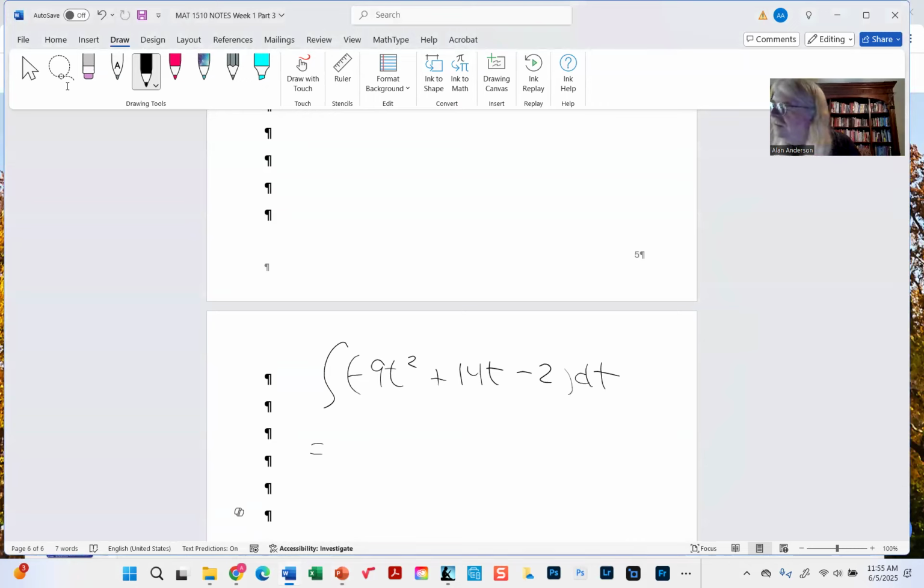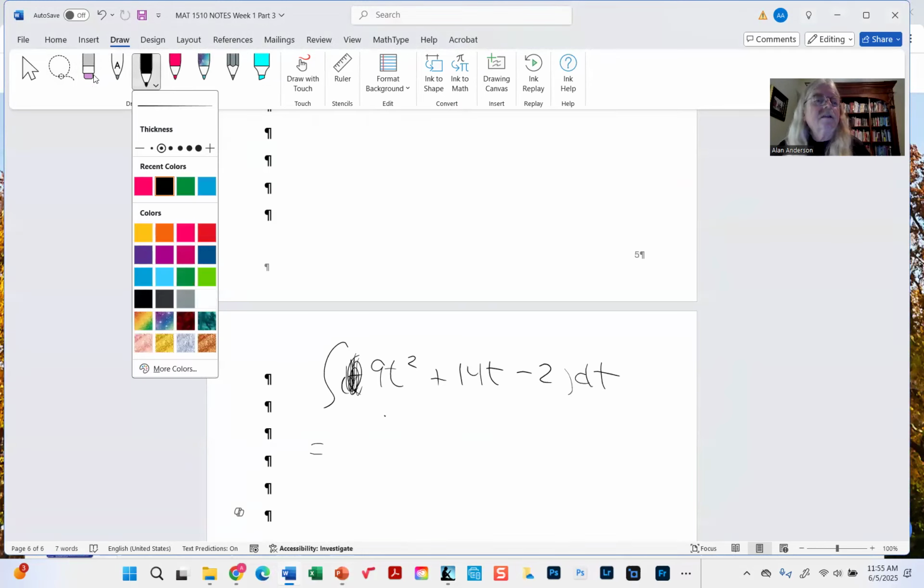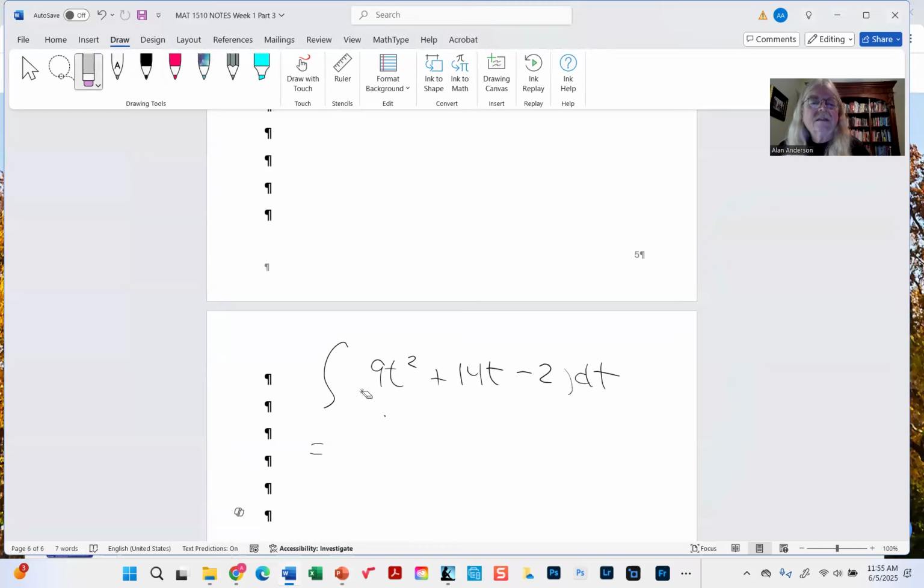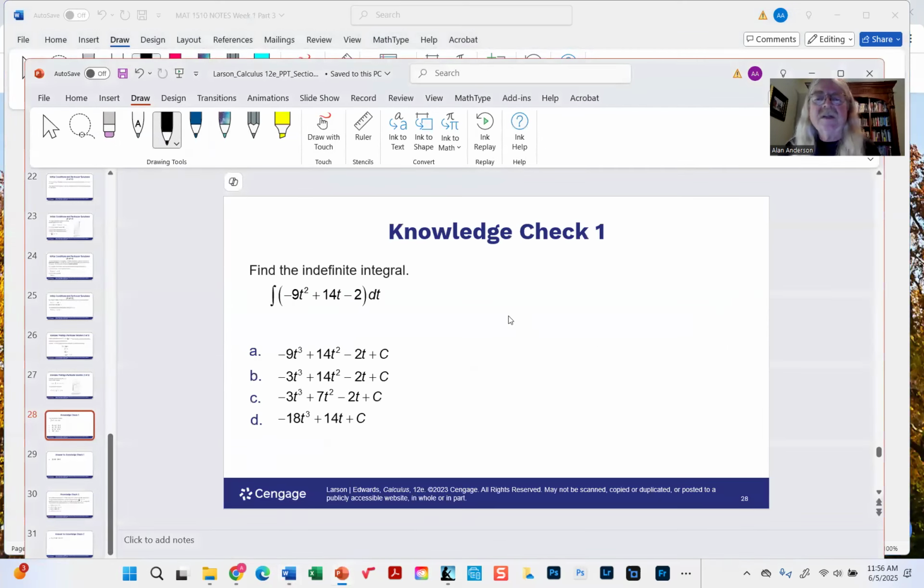Oh, sorry. I made a mess here with my notation. This should be, every once in a while it gets like this. It's refusing to erase. That's better. I want to make it a little clearer. There we go. It's negative 9t squared plus 14t minus 2 dt.